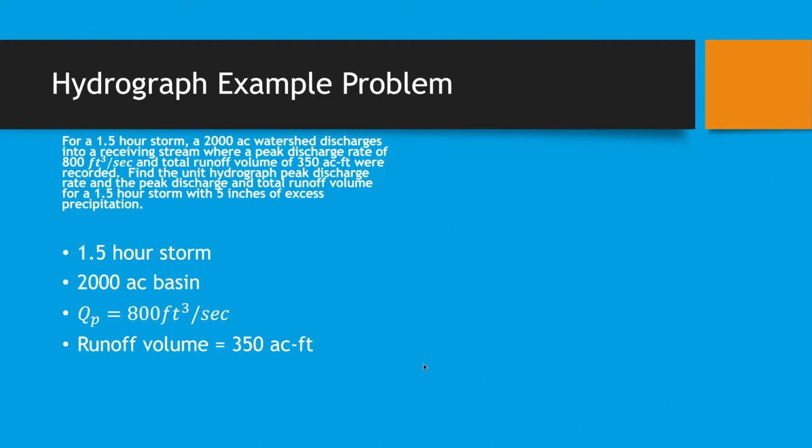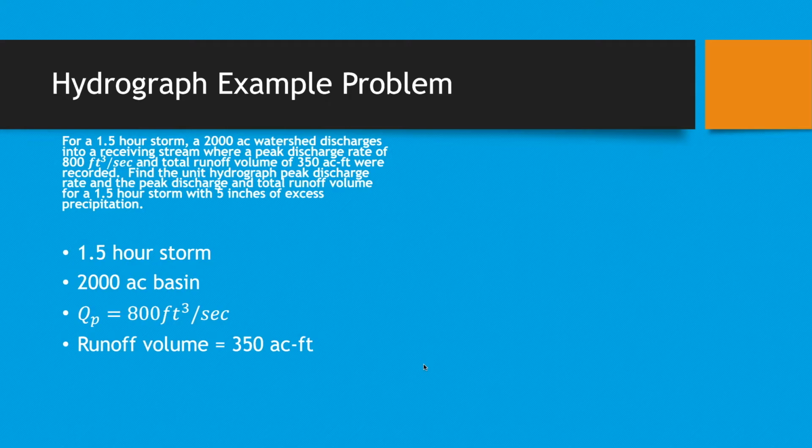So in this case, we're looking at a 1.5 hour storm on a 2,000 acre watershed, which discharges to a receiving stream where a peak discharge rate of 800 cubic feet per second and a total runoff volume of 350 acre feet were recorded. We want to find the unit hydrograph peak discharge rate and the peak discharge and total runoff volume for a similar 1.5 hour storm. Now that's important that they match, with 5 inches of excess precipitation.